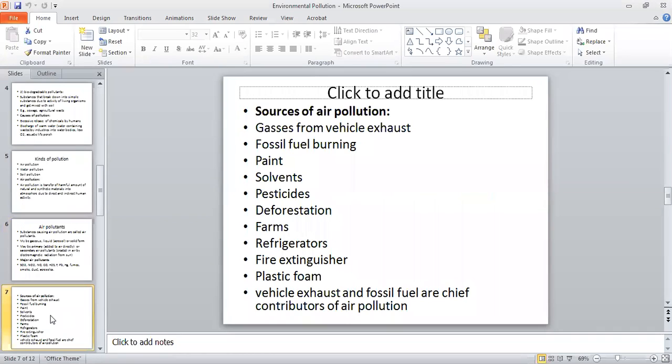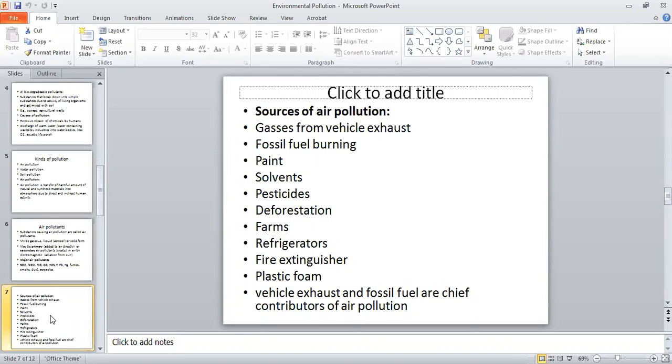Sources of air pollution: from where do these pollutants come and get added into the air? Number one is gases from the vehicle exhaust. The different vehicles that run, the gases that come out of their engines, are added into the environment. Then fossil fuel burning: gas, coal, petrol, all these fossil fuels, when burned, also produce certain gases.